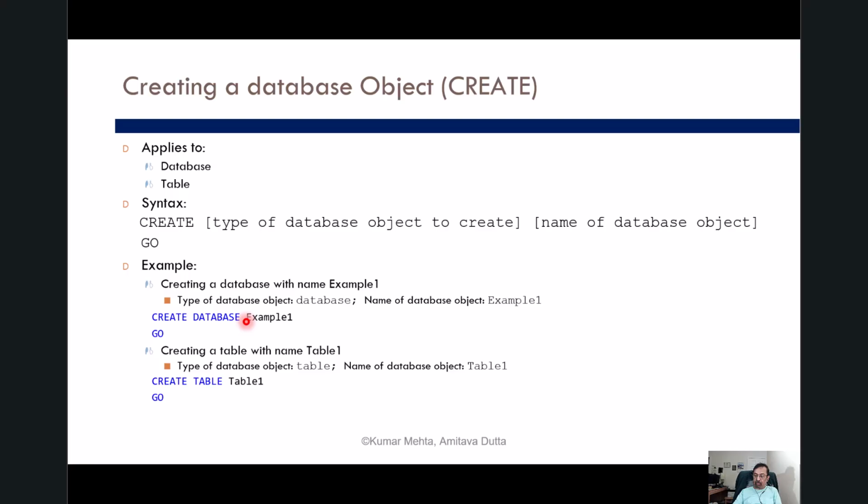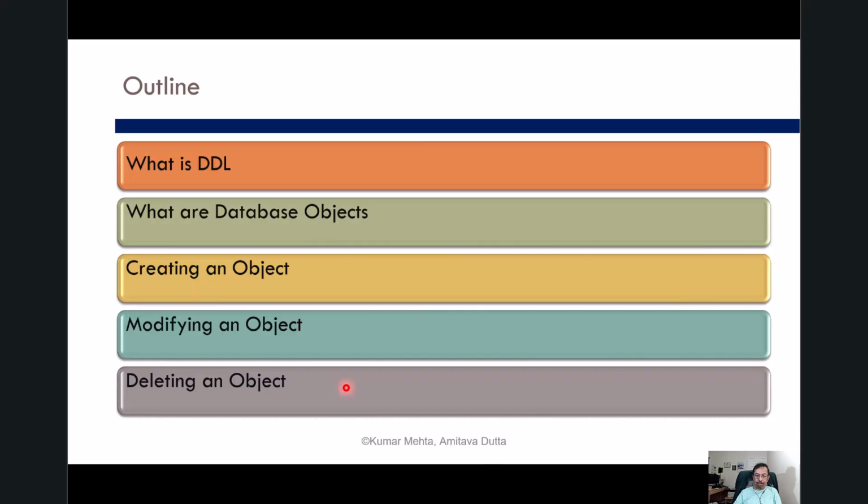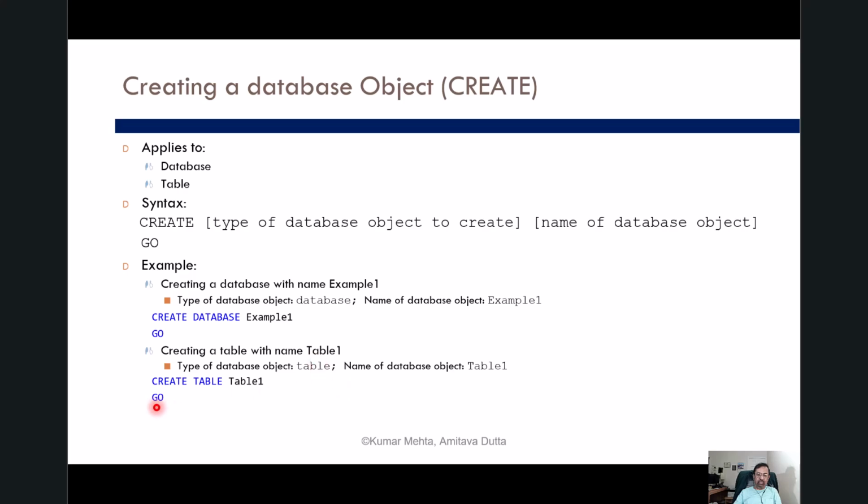Okay. Now, going back to our example, suppose I wanted to create the table, the entity called teacher. I would say create table teacher, and then I say go. As soon as I do that, the database management system creates a shell for a table called teacher.